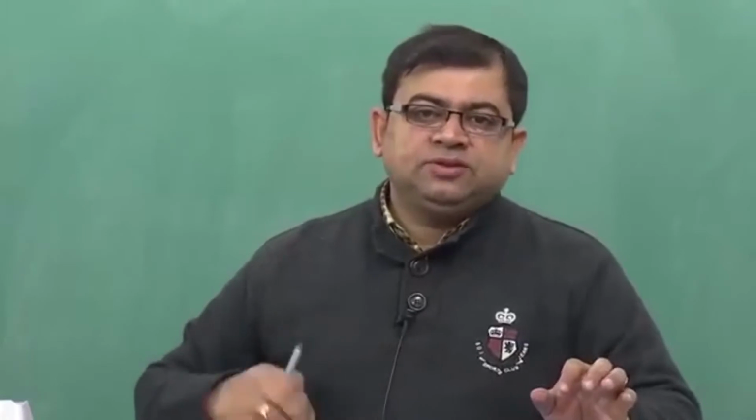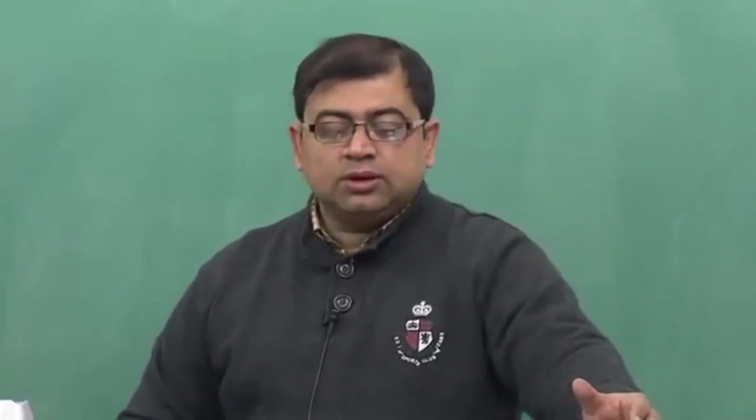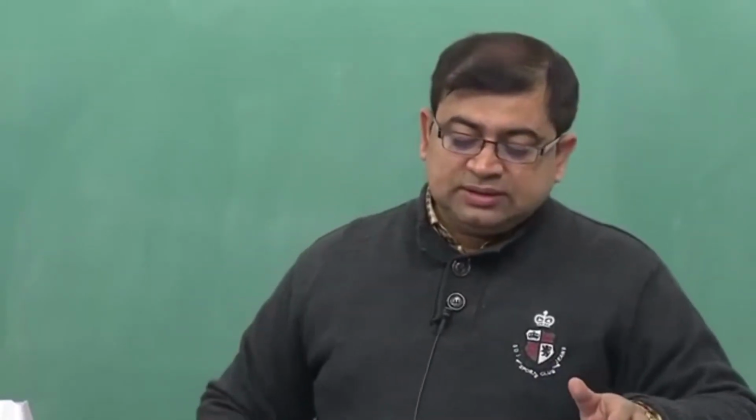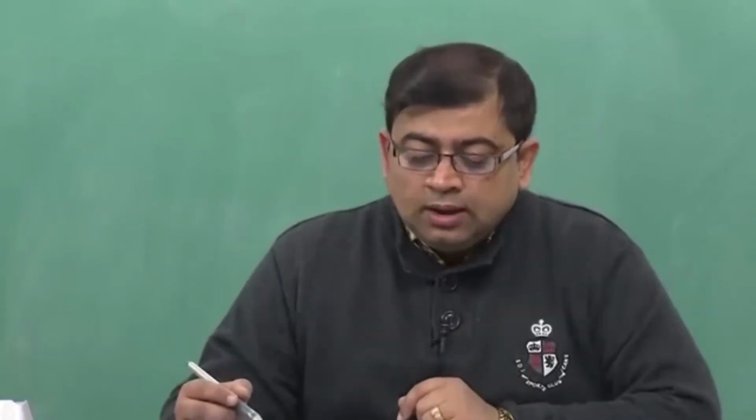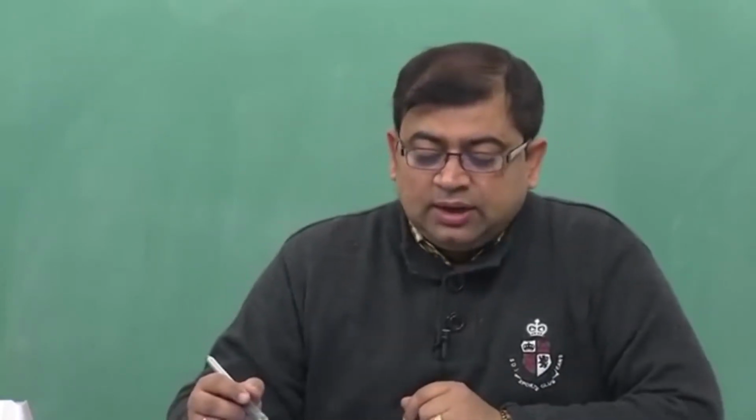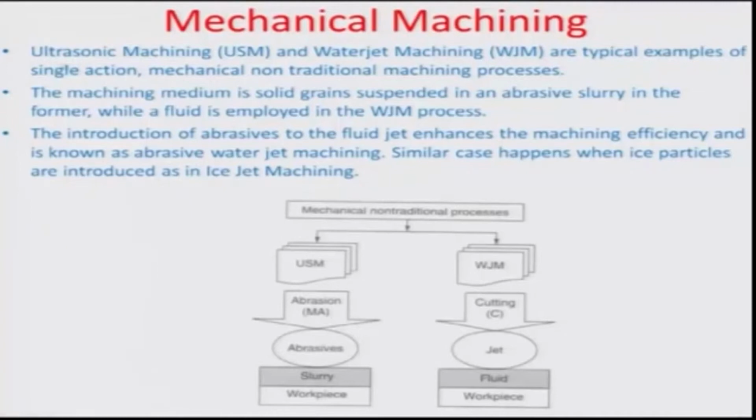So, let us look at some of these processes which have been figured out. The first process that I would like to give you an illustration of is ultrasonic machining, where there is an abrasive particle involved typically. So it can be either an ultrasonic machining process or a water jet machining process, which are typical examples of single action mechanical non-traditional machining processes.